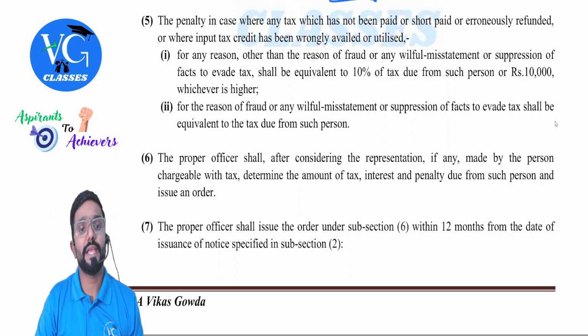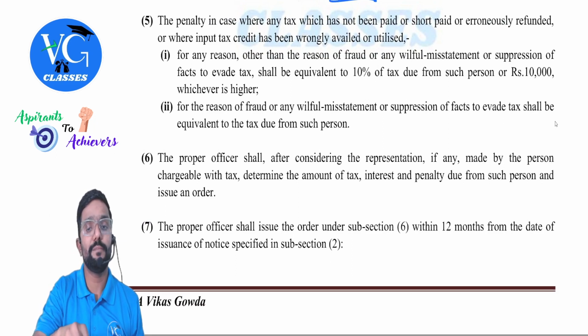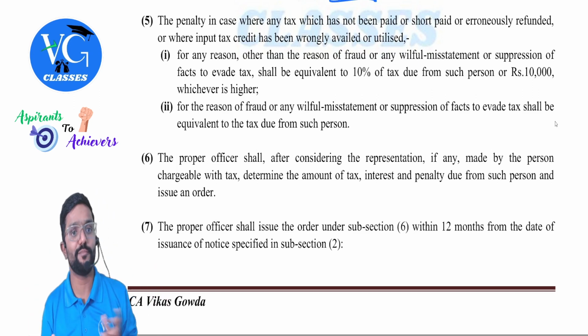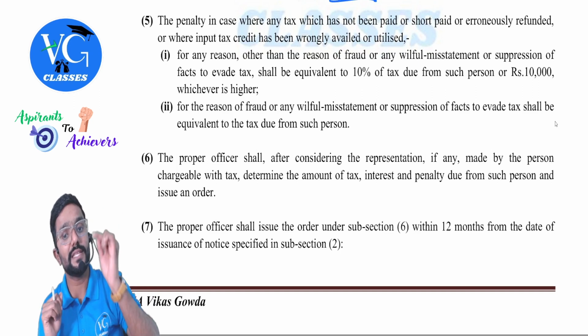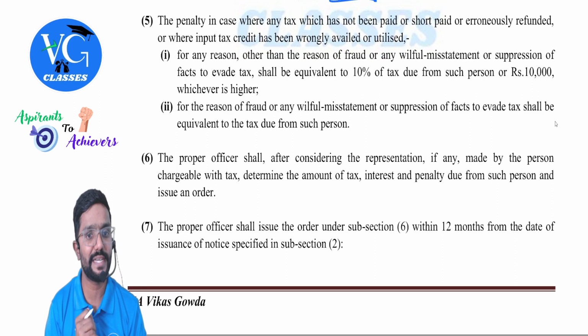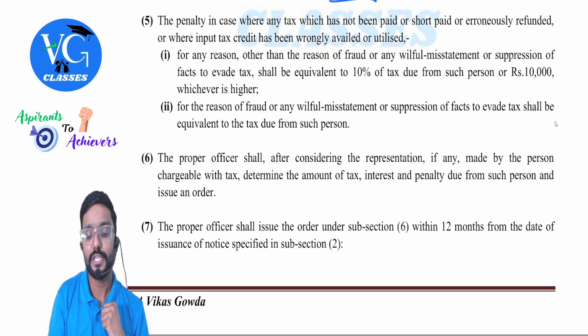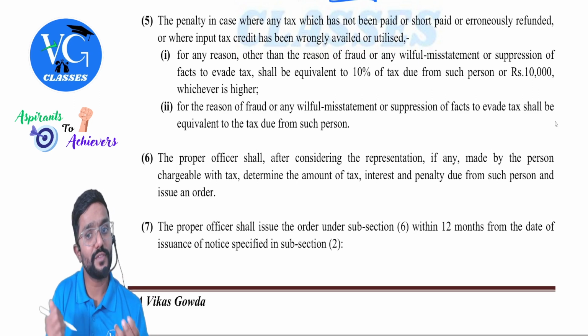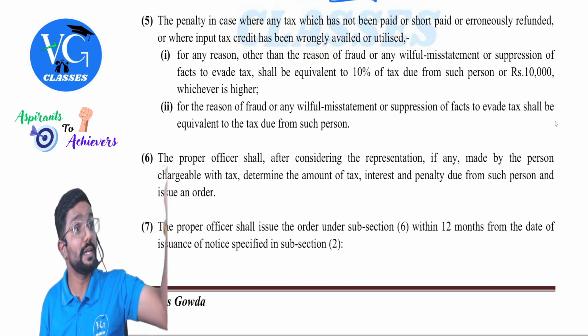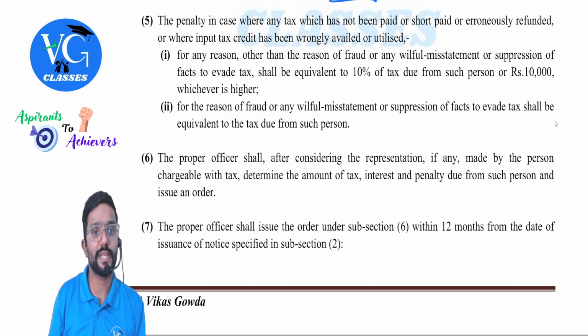The penalty in the case where any tax which has not been paid, short paid, or erroneously refunded, or where input tax credit has been wrongly availed or utilized, what is the amount of penalty? For any reason other than the reason of fraud or any willful misstatement or suppression of fact to evade tax, what is the amount of penalty? Shall be equivalent to 10% of the tax due from such person or 10,000, whichever is higher, other than fraud case. Sir, what if it is fraud case?